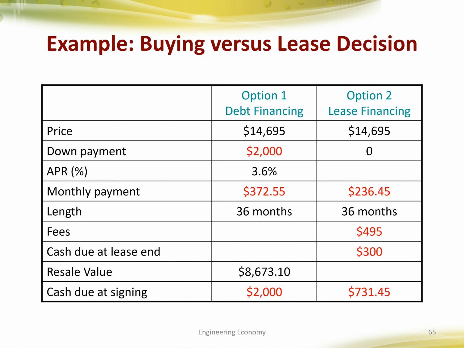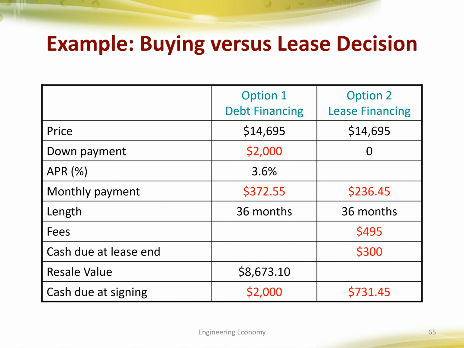You are paying this at 3.6%, and your monthly payment was given based on 3.6%, and the duration is 36 months. And at the end of your usage, after 4 years, you can sell it, and let's just assume that the resale value is 8,673. And in the beginning, when you sign up for getting the car, you need to pay cash 2,000. That's one series of cash flow.